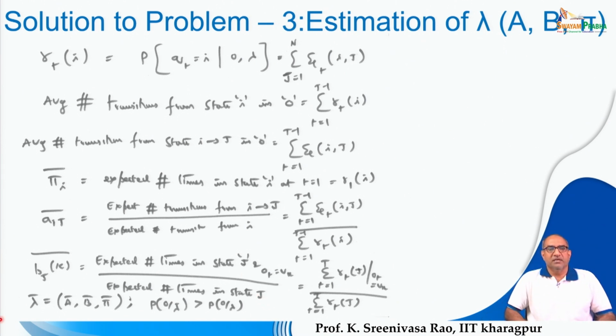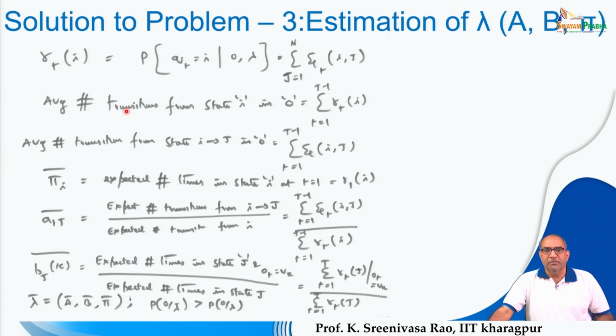After computing this gamma t of i, you can see that gamma t of i is nothing but the probability that in the observation sequence at time t the system visits i, and this you can also compute in terms of eta t of i comma j, because eta t of i comma j has a constraint that the successive states should be i and j. If you remove that constraint on j, taking all possible values of j, it is equal to gamma t of i.